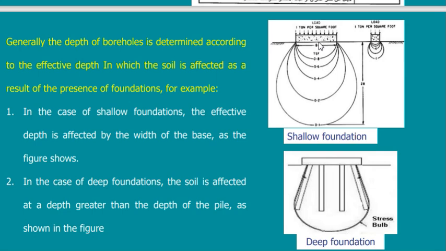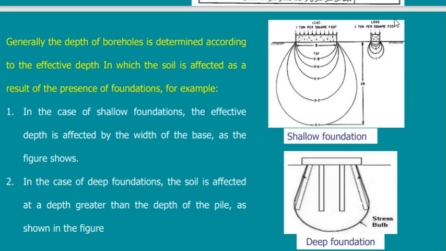If I have 2 types of foundations, then my borehole should cover the bigger. I should do a borehole that would give me all the data I need for the site. If in this site the maximum expected width of foundation is 4 meters, then I should cover at least 8 meters.